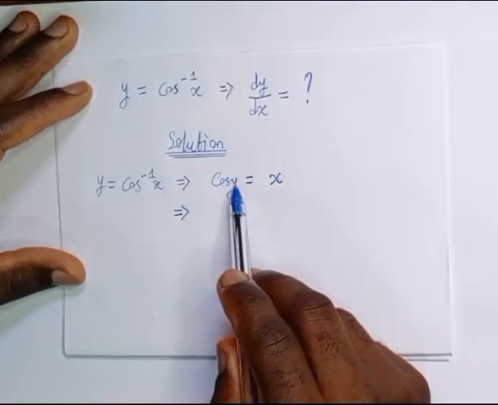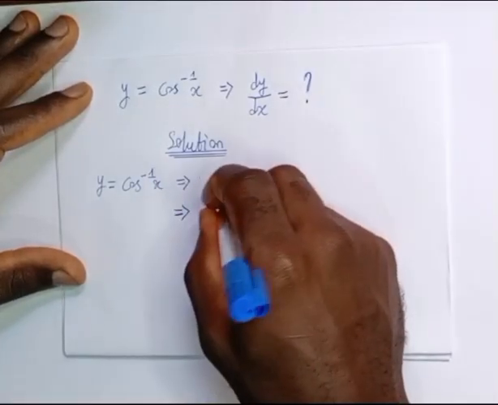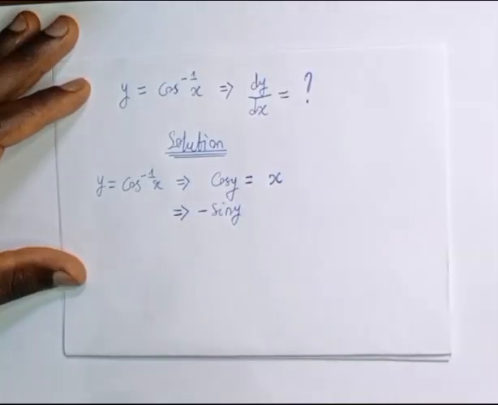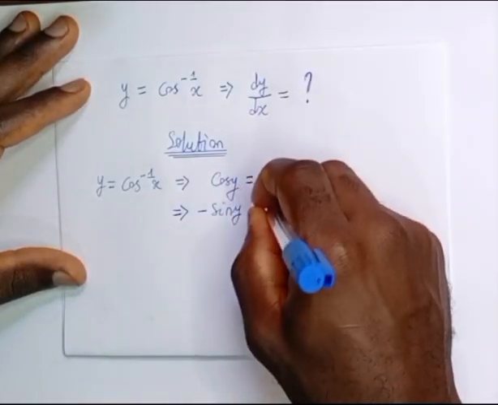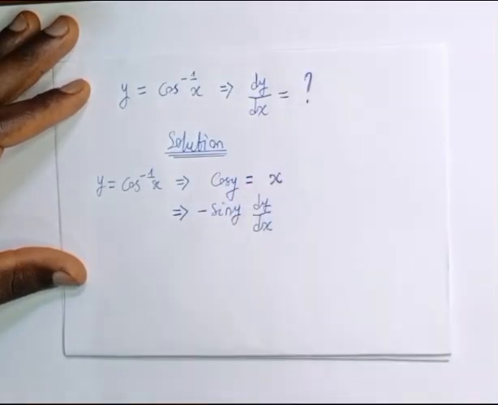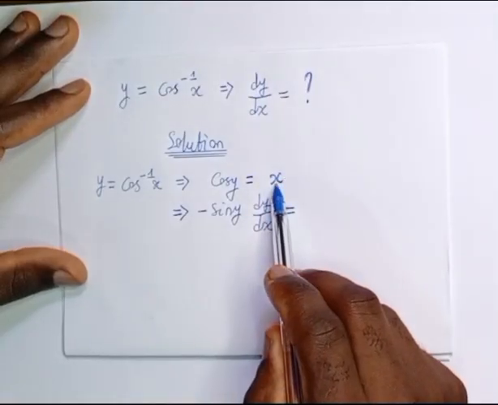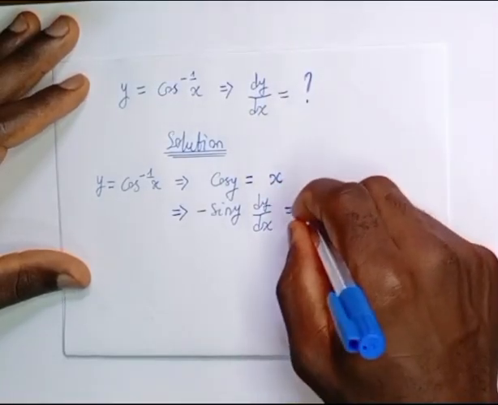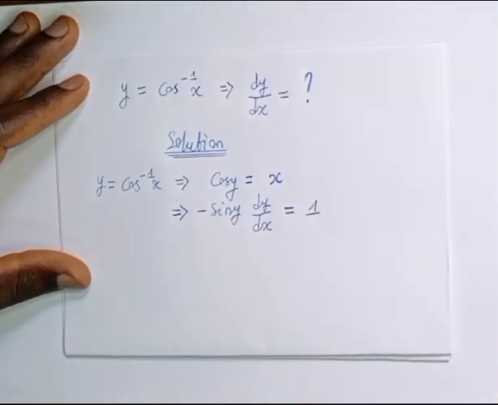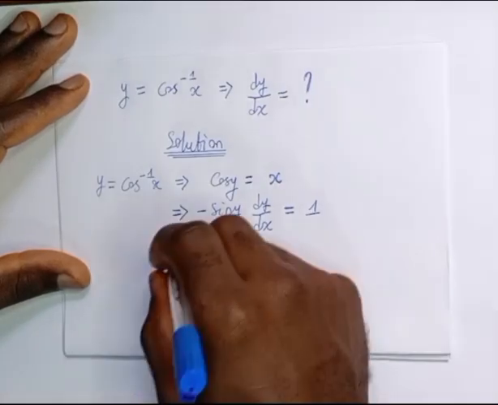Next, we have to differentiate the left hand side and the right hand side with respect to x. Differentiating cos y gives us negative sine y dy on dx is equal to, differentiating x with respect to x gives us 1. For us to get dy on dx, we are going to divide both sides by negative sine y.